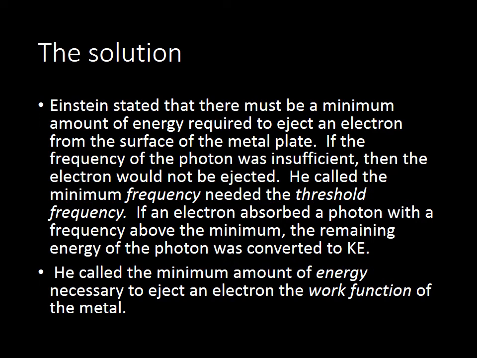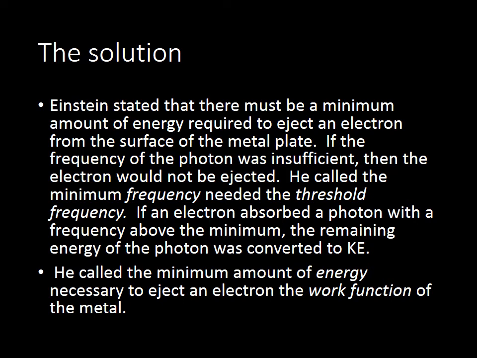So what Einstein figured out was that there had to be a minimum amount of energy required to eject an electron from the metal plate. If the frequency of the photon was too little, if it was insufficient, then the electron couldn't be ejected, because the electron would absorb that photon, but there still wouldn't be enough energy to give it enough kinetic energy to escape the metal plate.